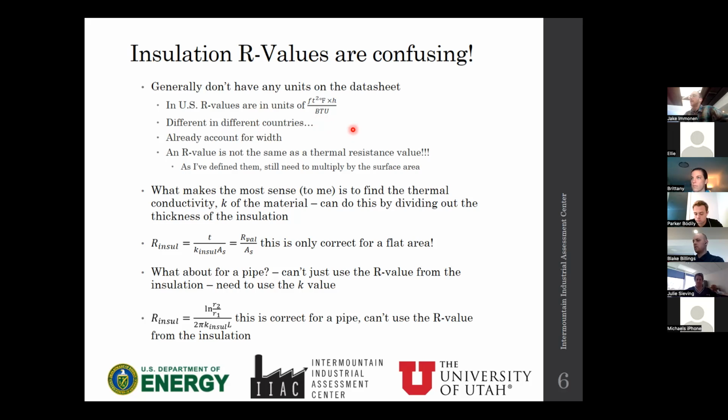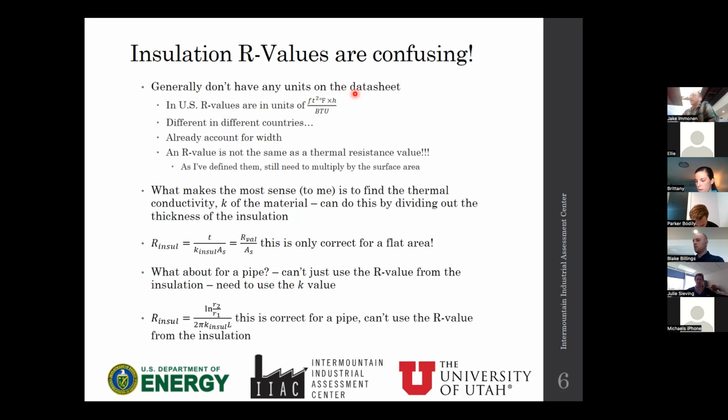And so I think the easiest thing to do is to get this R value of an insulation type that you're trying to recommend. And then you want to back calculate K, which is the thermal conductivity of the material. To do that, first I would maybe change these units to something more friendly, like SI units, not necessary, but that's typically what I would do.